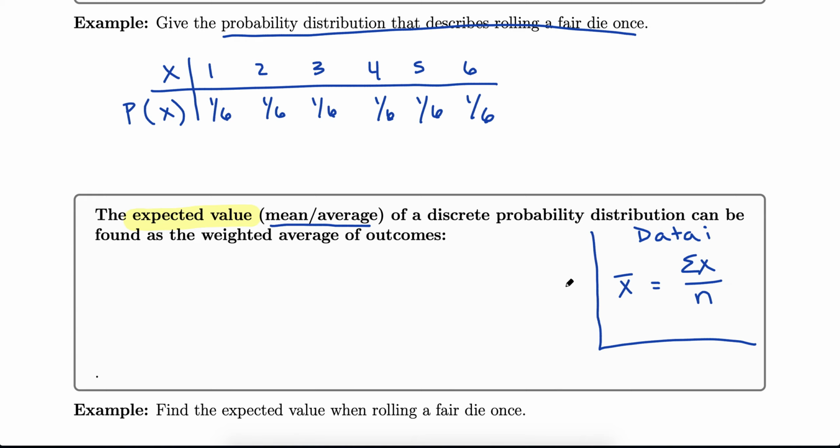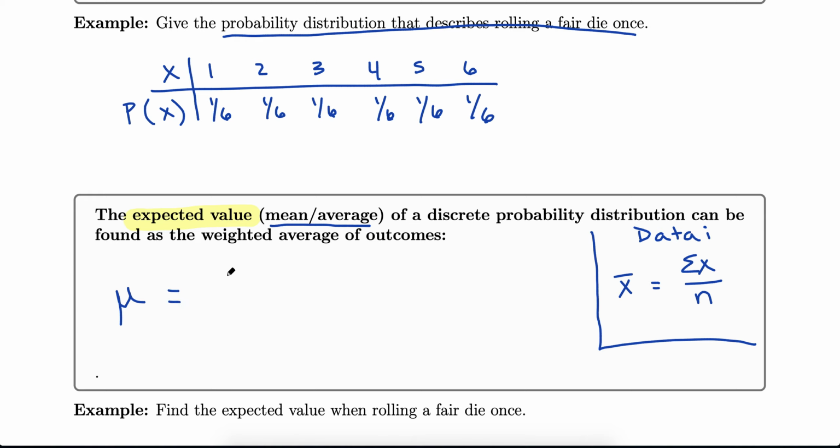Well, we're again not necessarily using data to calculate this. This is more of a theoretical mean: if we rolled the die many times, what would we expect the average face value to be? This is what we expect without actually collecting the data, more of a theoretical probability. So in this case, instead of using x bar that we use for data, we're going to use mu to be the mean for this whole population.